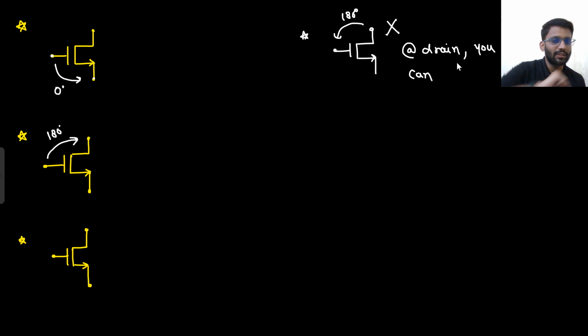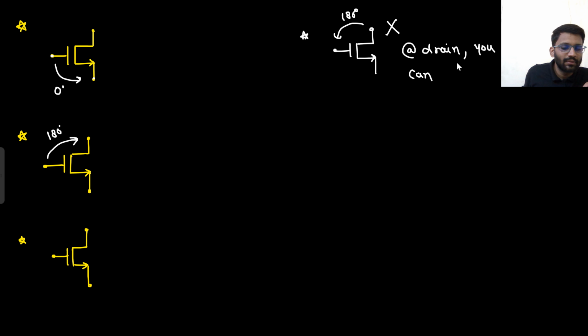We have studied the common source amplifier. Input was at gate. When we studied the common drain amplifier, input was at gate. When we studied the common gate amplifier, input was at source. You never saw input at drain.